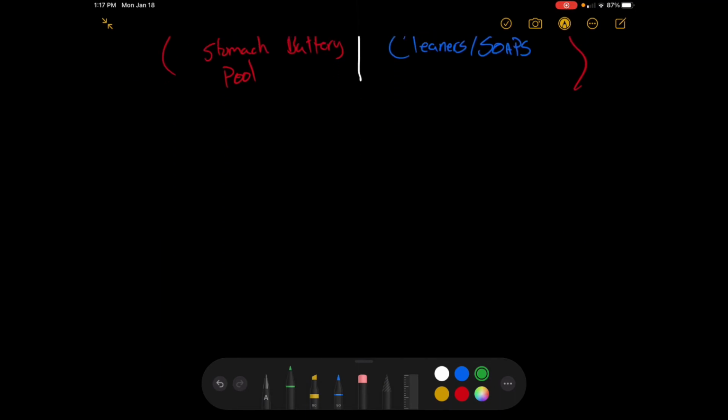And acids and bases are rated, or their strength is identified, by something called the pH scale.